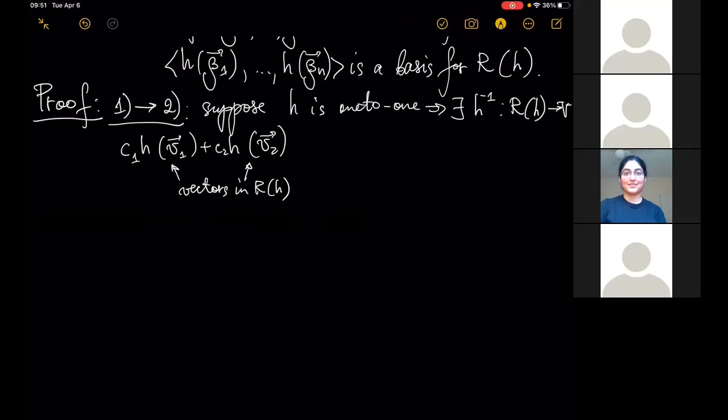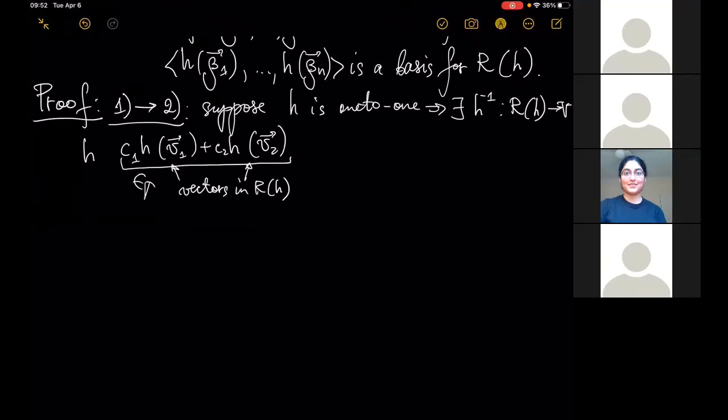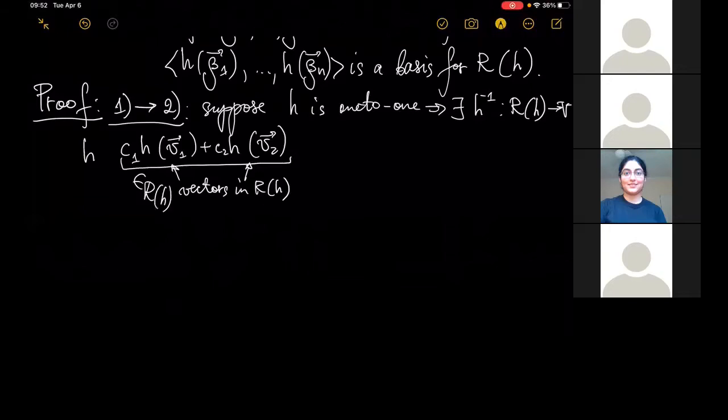Let us consider the linear combination and apply the map. We have proven that the range is a subspace, so we know there is closure with respect to linear combination. So it's also a vector of the range, and it means that we can apply the inverse map, right?